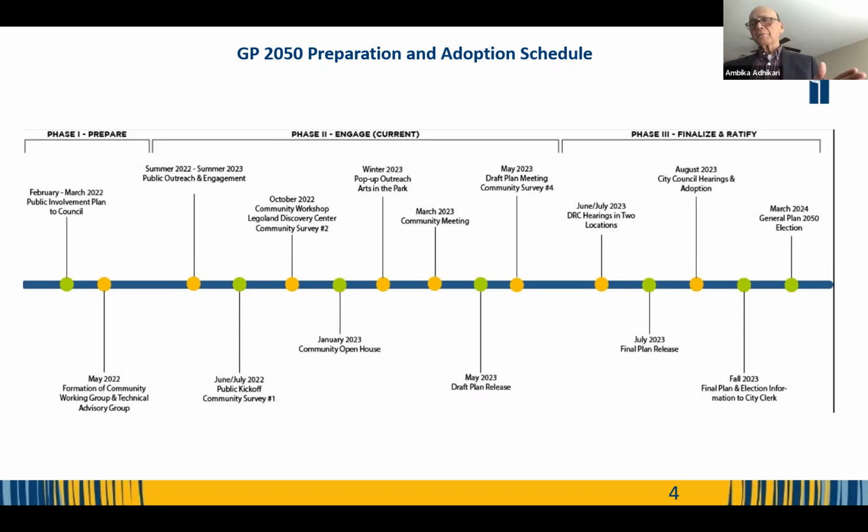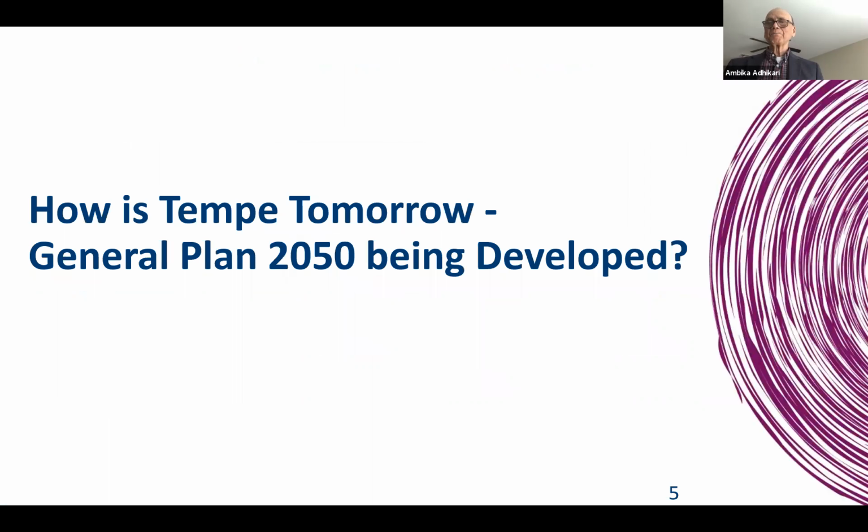And then after this, we will be going through an adoption process once we begin to do the draft and release the draft. And again, we'll go into a little more detail towards the end, but it's a snapshot of the almost 2-year-long process.